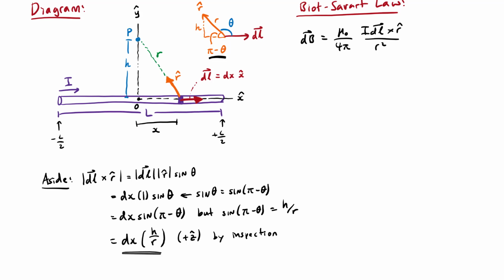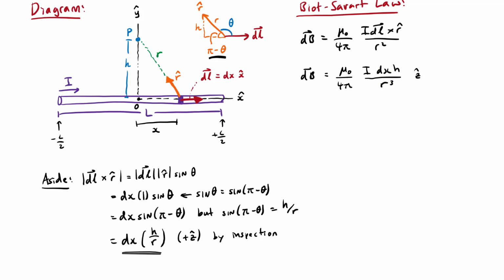So now that we have this, we should be able to rewrite our Biot-Savart law so that we have mu naught over 4 pi I dx h over r, and r is r cubed. And this would be in the z direction. Is there anything else that we can get from our diagram? I do know that at some point I'm going to have to solve for dx, so this r is not very helpful down here. I should probably redefine my r.